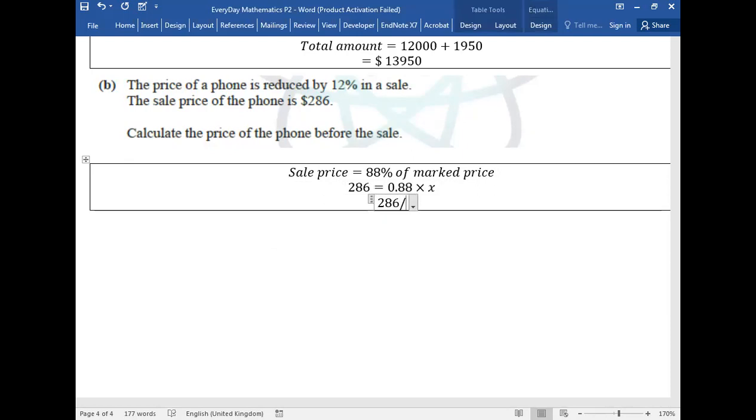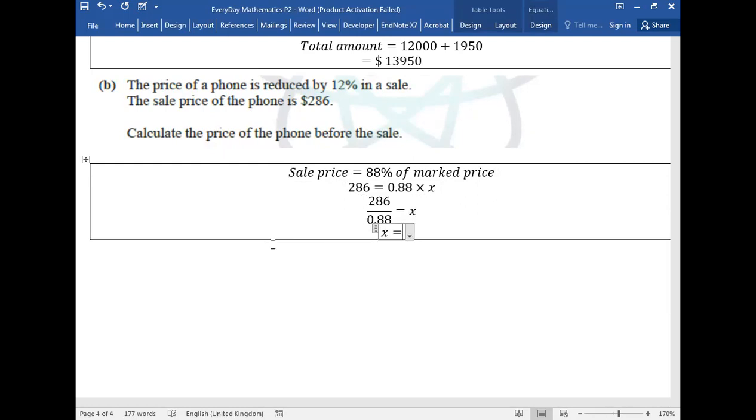So 286 upon 0.88. Can you tell me the value? Read the question. $304.25 हो गया.